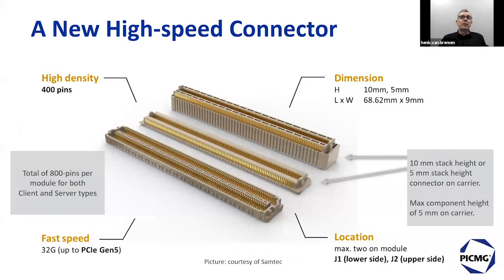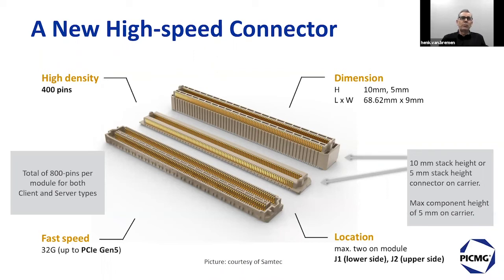A new high-speed connector. This is a picture of a Samtec connector. High density, we get 2 times 400 pins on the boards. Both the client and the server will use the same arrangement, mechanically the same. On the left bottom side, you see what actually goes on the module, and the middle and the right is what goes on the carrier.